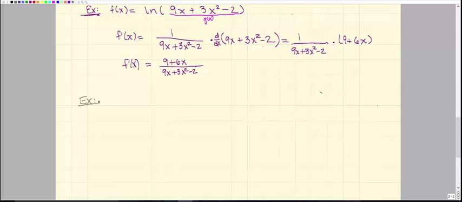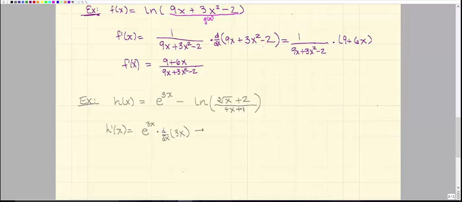For our second example, h of x equals e to the 3x minus the natural logarithm of the cube root of x plus 2 over 4x plus 1. So in order to obtain h prime, we're going to have to take the derivative of each portion. The derivative of e to the 3x would be itself times the derivative of that exponent.